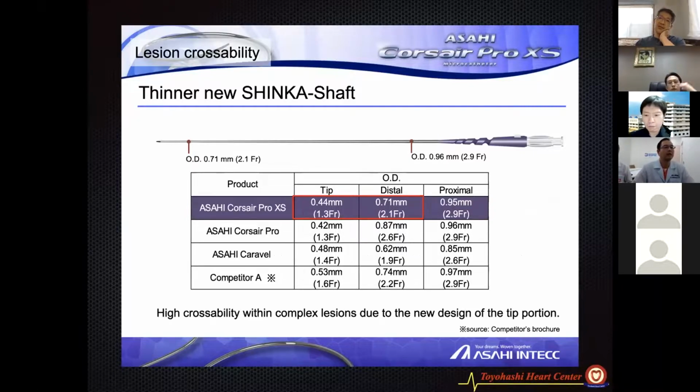It has a small and thin tip, and also it has a rotational shaft. So the new microcatheter has both the Caravel characteristic and the Corsair characteristic at the same time.